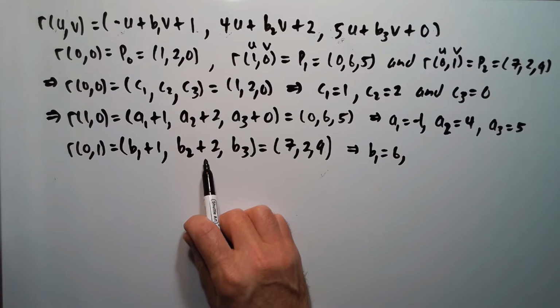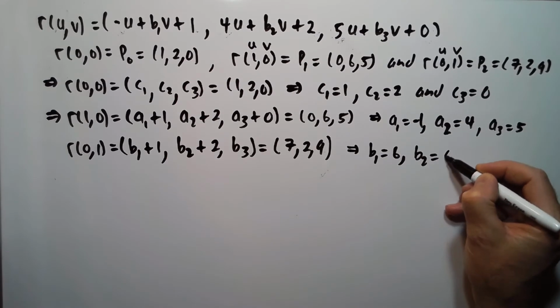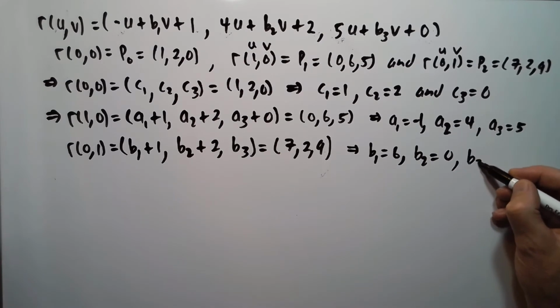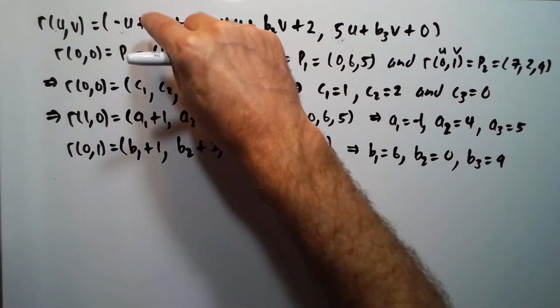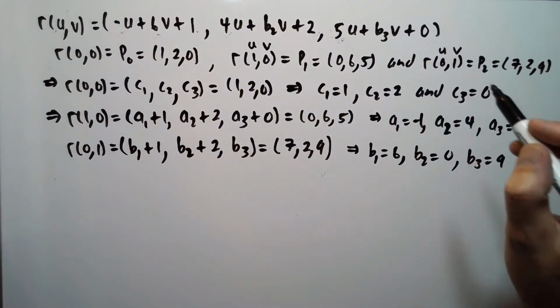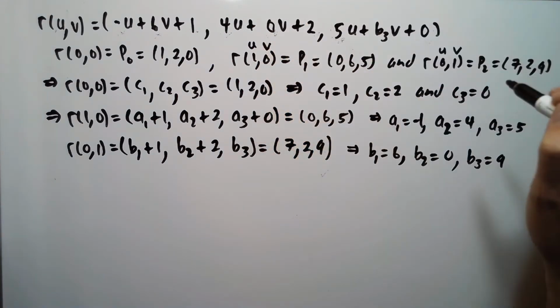B2 plus 2 is 2, which means B2 would have to be 0. And B3 would have to be 9. Okay, so we've found our mapping. My B1 is 6, my B2 is 0, and my B3 is 9.